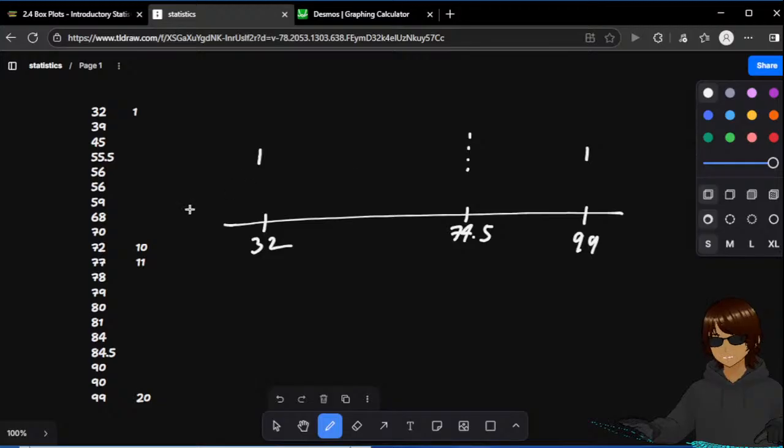So we take the first 10 values and the last 10 values, and we find the median between these, which is 6, right? 1, 2, 3, 4, 5, 6. 1, 2, 3, 4, 5.